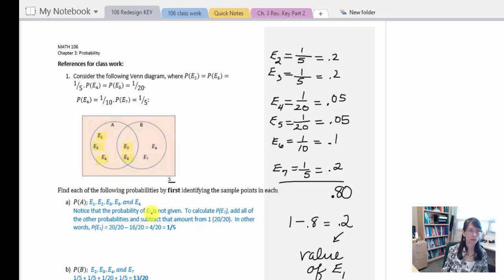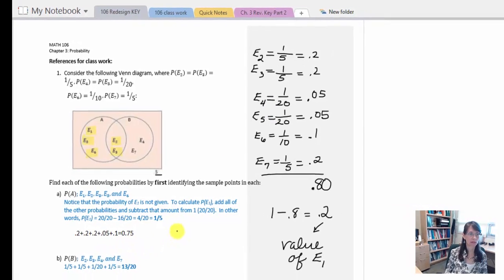We found the value of E1, and the probability of A would be E1, E2, E3, E5, and E6. So we'll add those decimals together. We end up with 0.75. So the probability of event A is equal to 0.75.